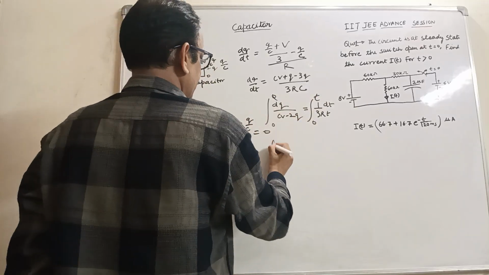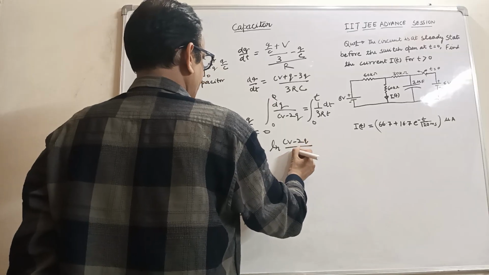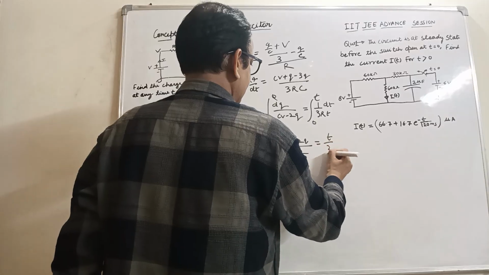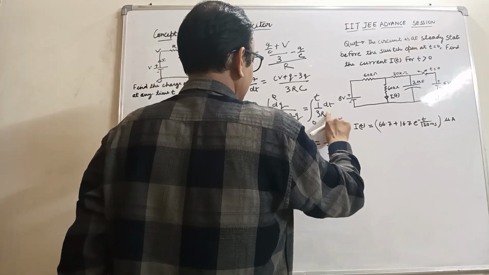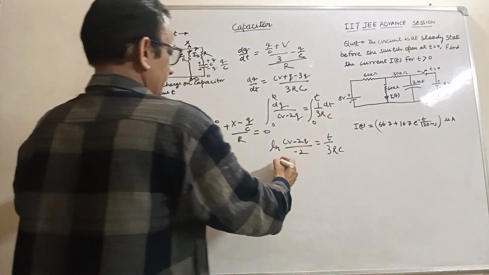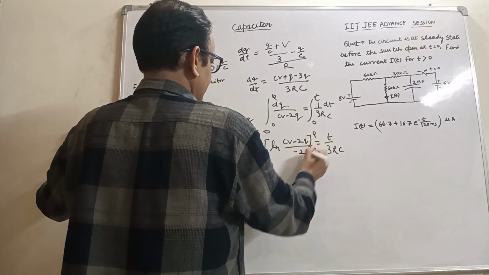So this becomes natural log of (cV minus 2q) upon minus 2, equal to t by 3RC. So we put the limits q and 0.